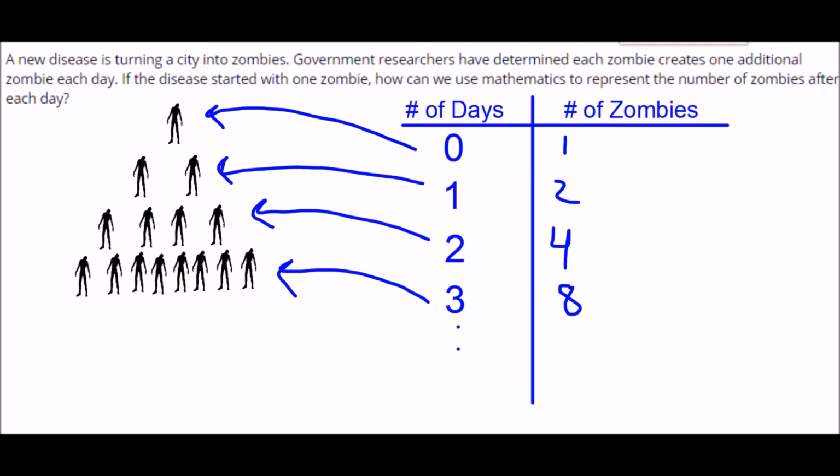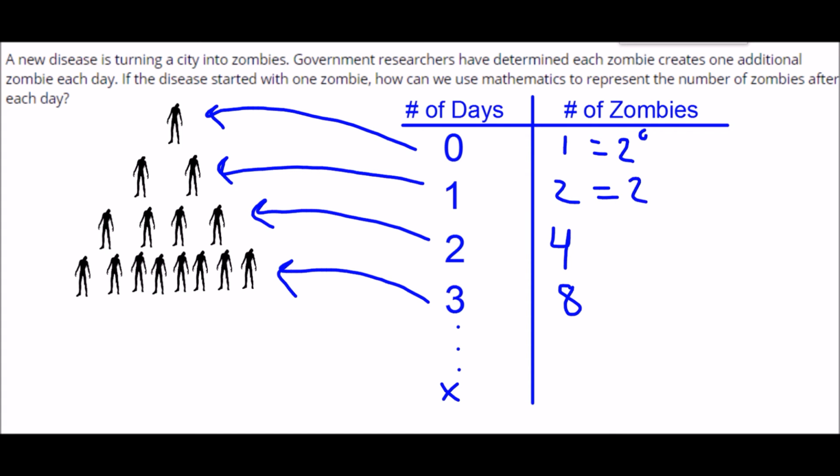In this case, we're going to let the number of days be represented by the variable x. In analyzing the information we have, we can actually set up a function. So if you think about this, 1 can actually be represented by 2 to the 0 power, anything to the 0 power being 1. The number of zombies on day 1 can be represented by 2 to the 1 power.